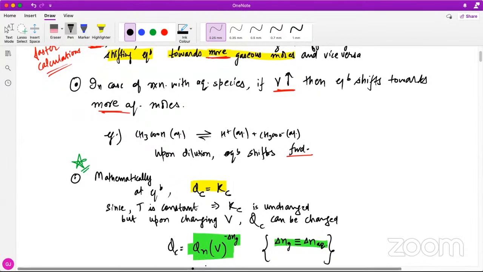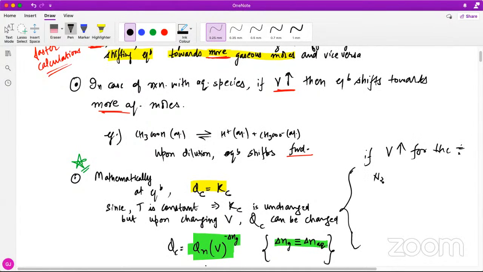Now, based on this help that I have given, can I ask you, in a rough manner, based upon your mathematical skill, what will happen if volume increases for the following reactions?